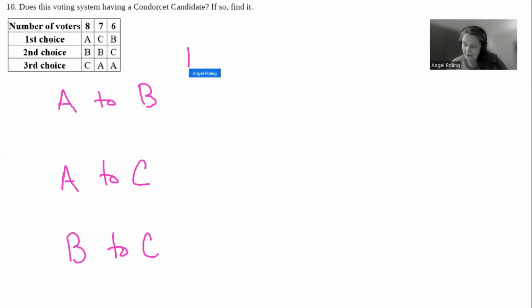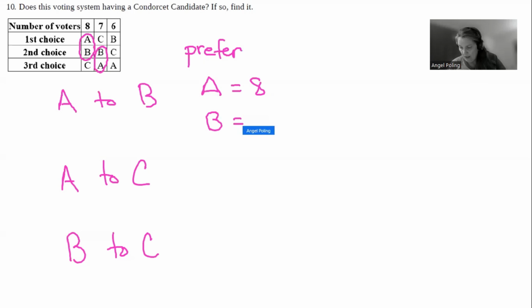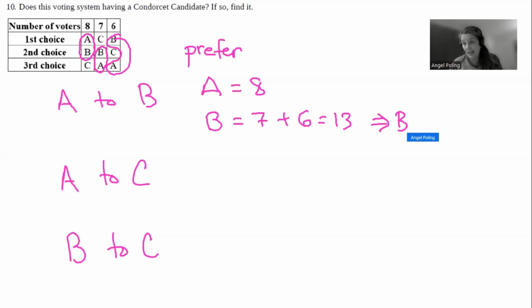And look at who is preferred most, A or B, when looking at A and B. So in this group of 8, they prefer A. In this group of 7, they prefer B. And in this group of 6, they also prefer B. So it looks like B is the preferred candidate between those two.